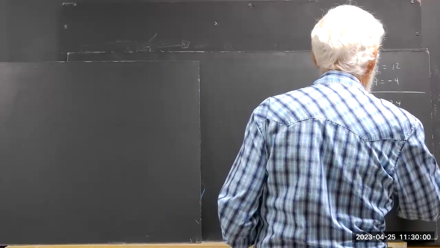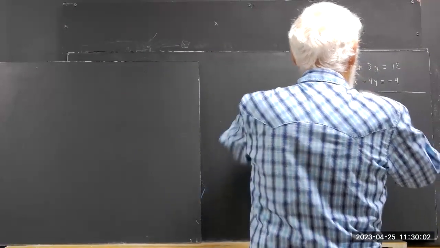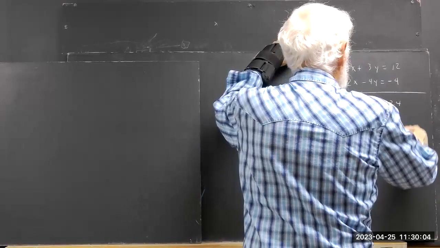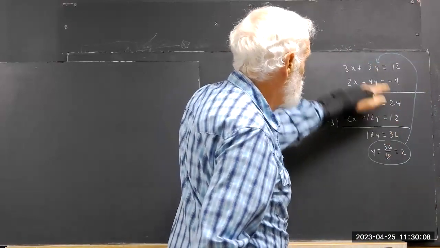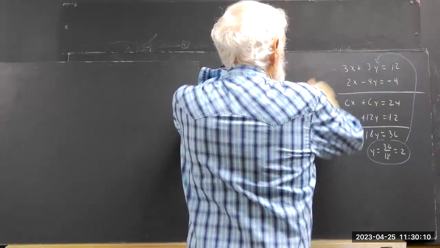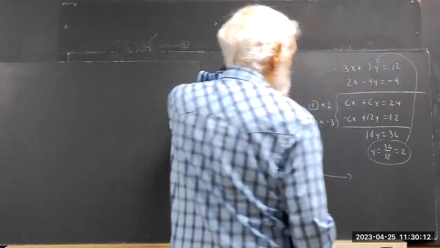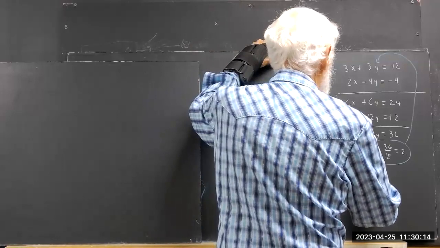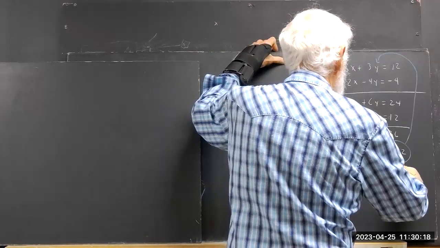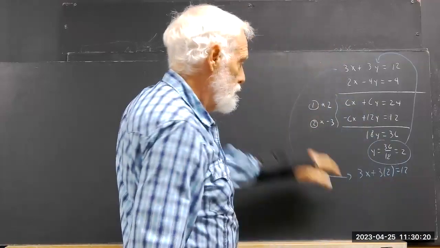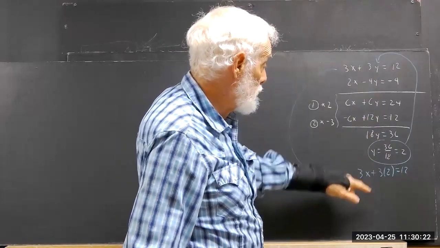We substitute 2 for y in either equation. So I'm going to plug 2 in for y here. It's going to come down here and give me this. Obviously y is replaced by 2.